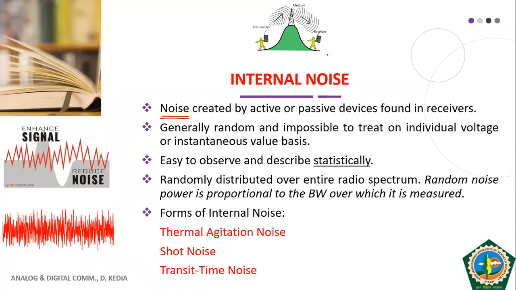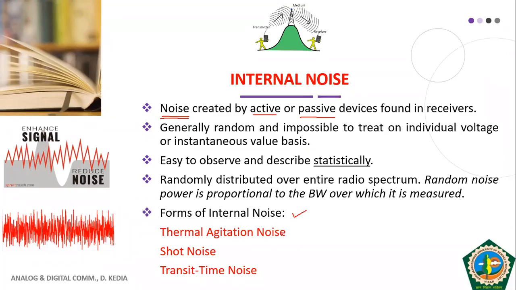We have many active devices and many passive devices in the receiver, all are sources of internal noise, and we need to know where that noise comes from. That kind of noise we will discuss in the next slide.